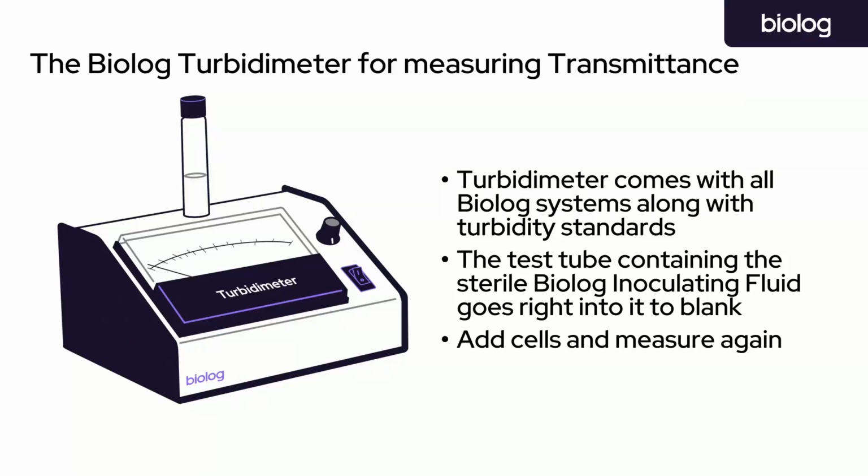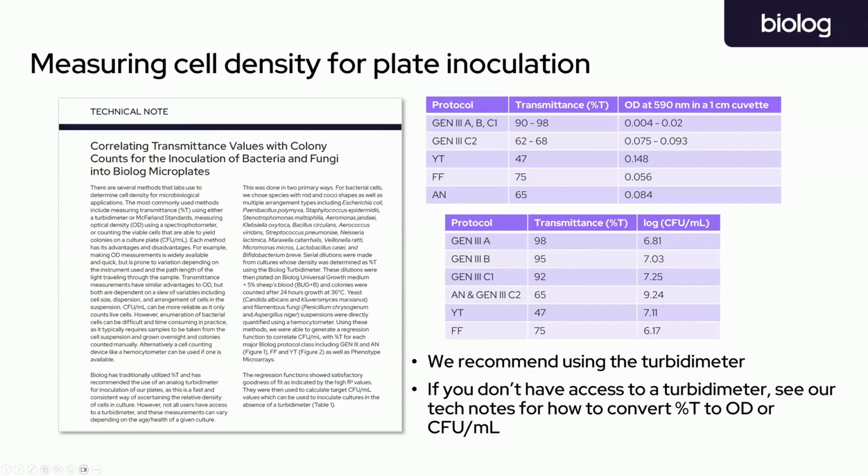Yeah, that's right. And these turbidimeter systems come with every one of our systems. But if somebody does not have access to a turbidimeter for whatever reason, or they prefer making a different kind of measurement, we have some options here. Can you go through these?